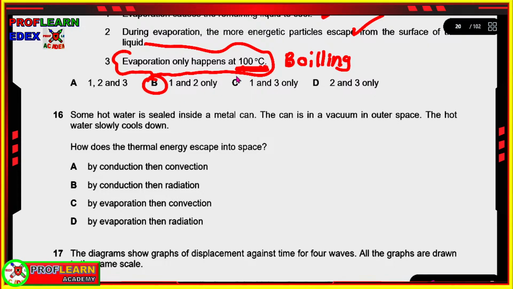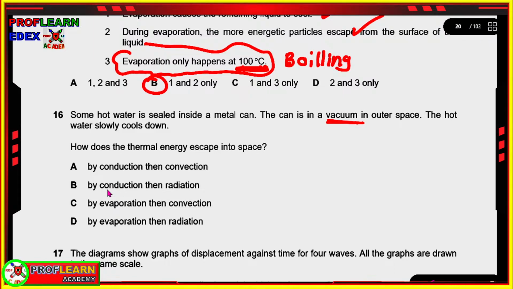The key concept here is a vacuum. That's all we have to consider for energy transfer at this point.